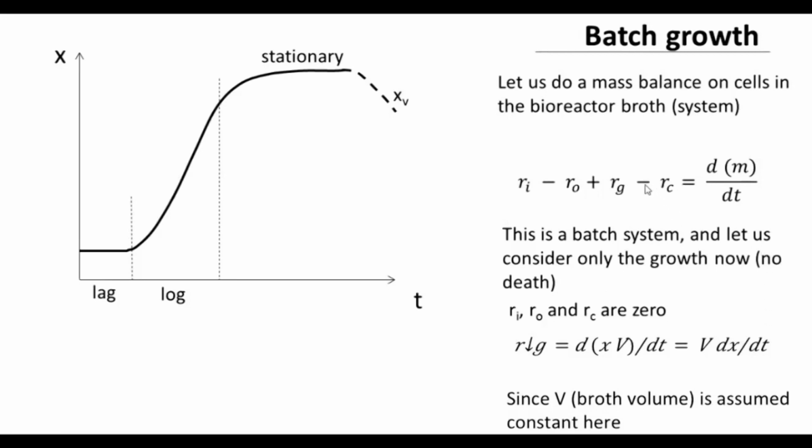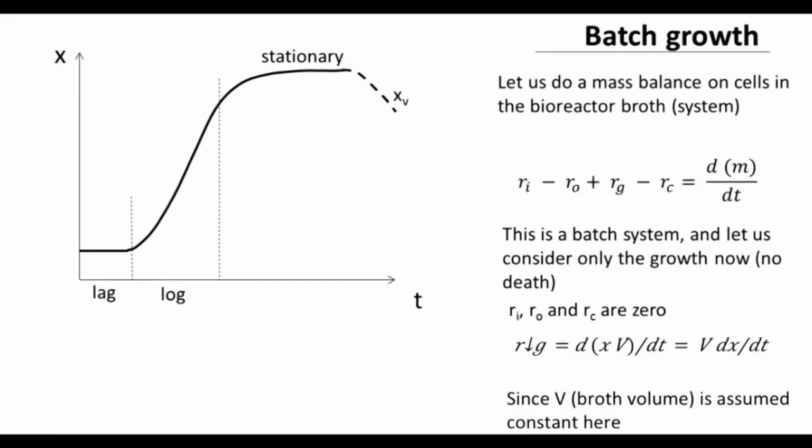Therefore, Rg, which is the growth rate on a mass basis, equals dm/dt. Here we replace m in terms of cell concentration, because the cell concentrations are the ones that are easily measured. We would like to write things in terms of measured quantities because those can be used to make decisions. So Rg on a mass basis is d/dt of m, which can be written as x into V. Cell concentration is mass of cells per unit volume times the volume of the system or the broth, that would be m.